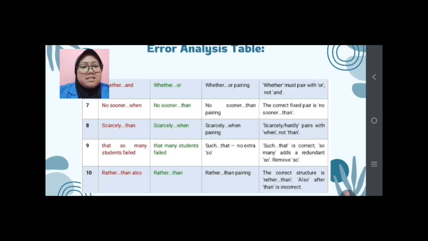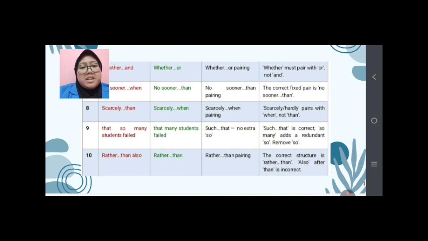Scarcely when pairing. Scarcely and hardly pair with when, not then. That many students failed, such a, then no extra so. Such a that is correct. So many adds a redundancy, so remove so. Rather than also, rather than pairing. The correct structure is rather than. Also after than is incorrect.